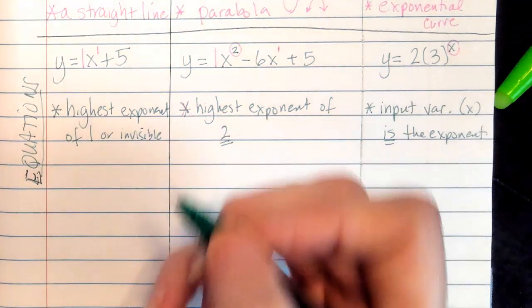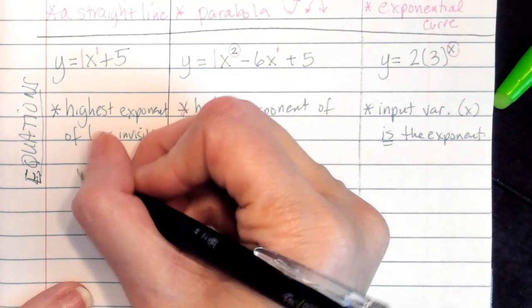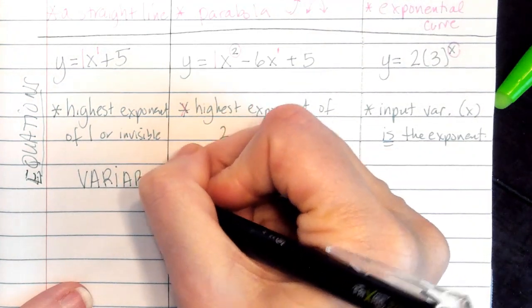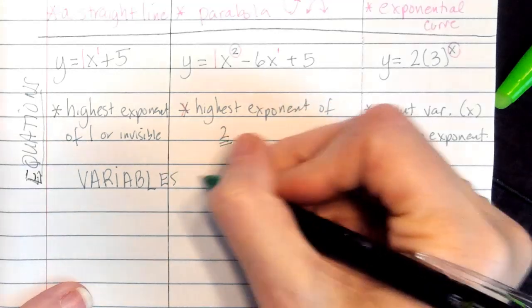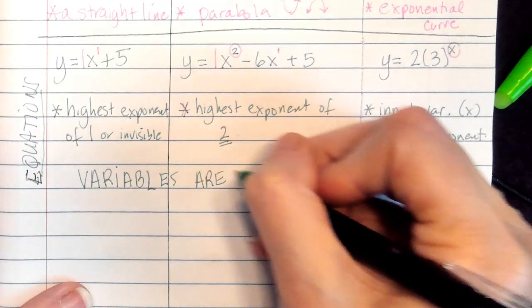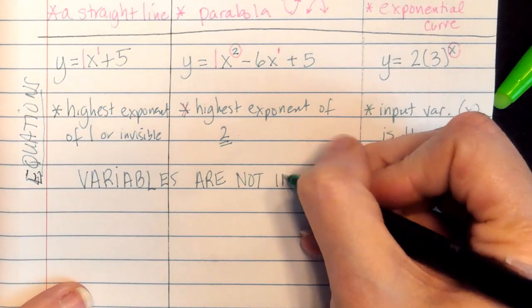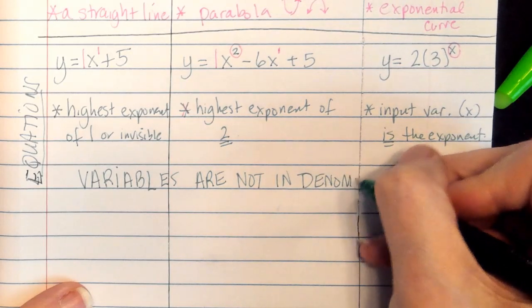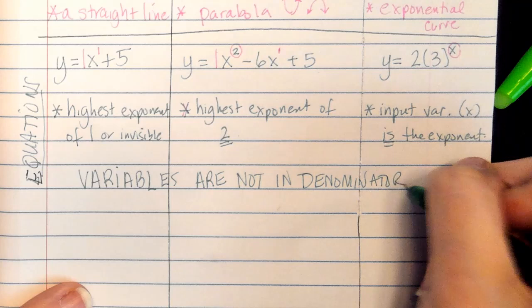Okay? So we're going to make a note here. And then we're going to highlight it because it's that important. Variables are not in the denominator. And we'll do a little example here.